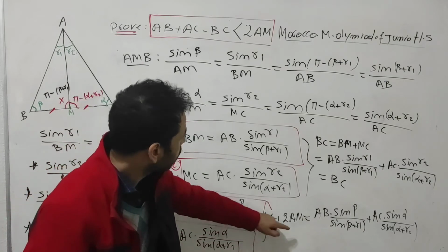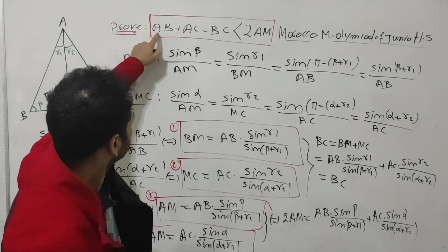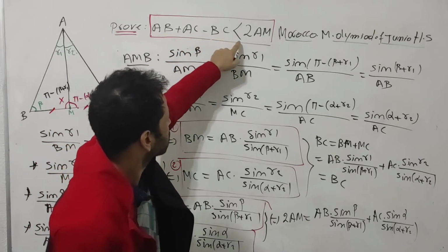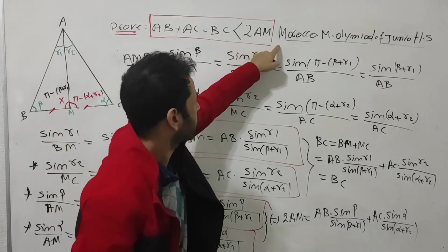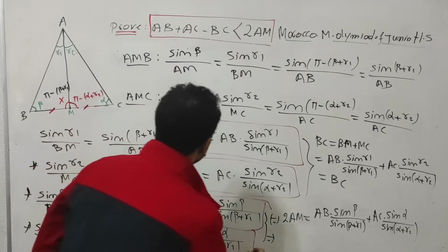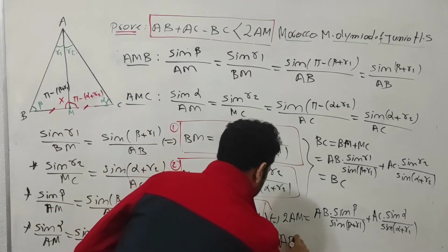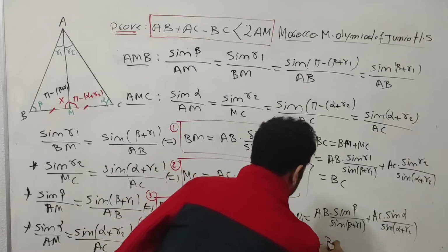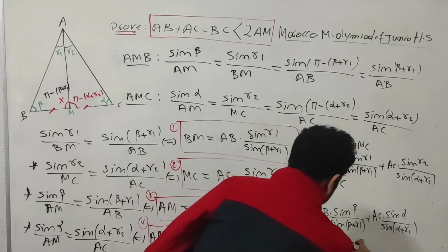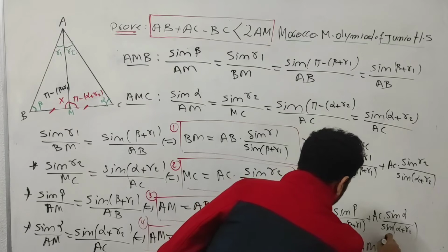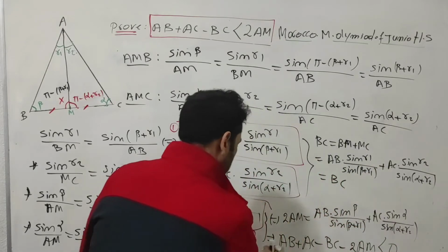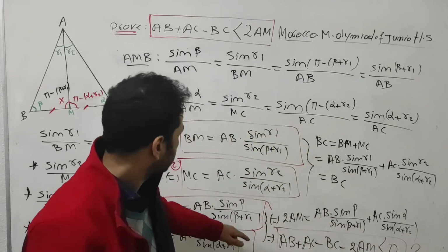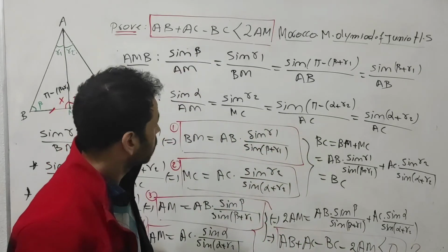Now I'm going to calculate the difference: the distance AB plus AC minus BC minus 2 times AM. If I find this expression is strictly inferior to 0, that means we have proven our question.